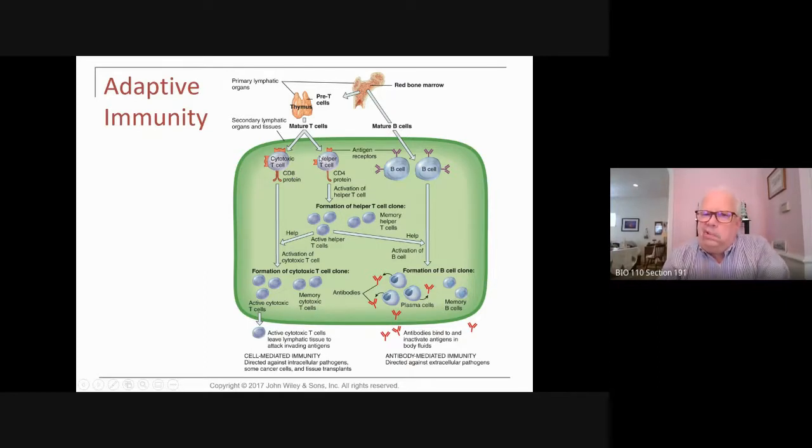Or it will produce a helper T cell. A helper T cell is known as a CD4 cell. And that will make the formation of a helper cell, and a helper cell will produce antibodies to kill bacteria. The CD8 cell and the CD4 cell work together.